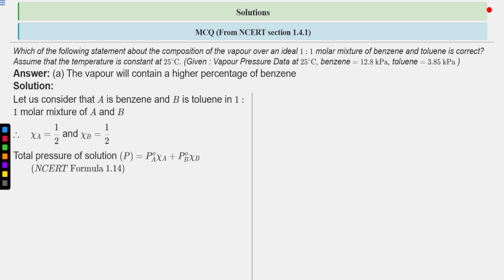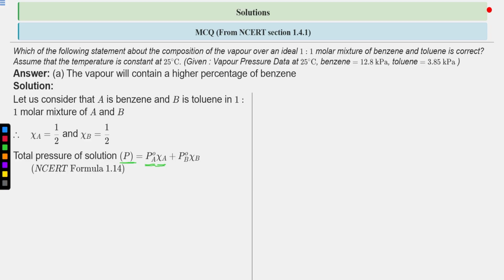Now, the total pressure of the solution will be P equals P naught A chi A plus P naught B chi B. This is the NCERT formula marked as 1.14 in the NCERT textbook in the solutions chapter.